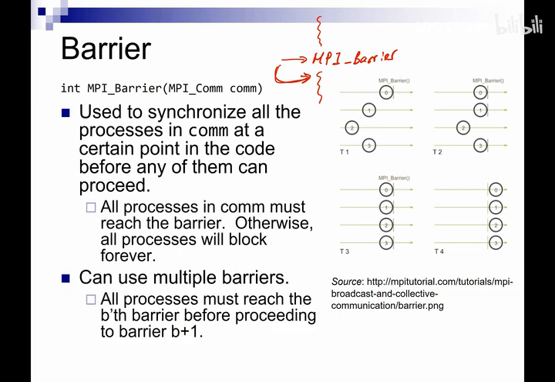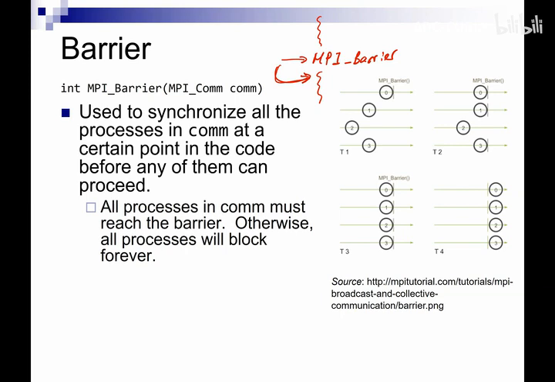Now, when you use a barrier operation, you have to be careful because you have to make sure that all of the threads will eventually hit the barrier. For example, suppose that process 2 here hasn't hit the barrier yet, and suppose somehow it crashed. In that case, it will never hit the barrier. So this process 2 crashed, so it doesn't exist over here.